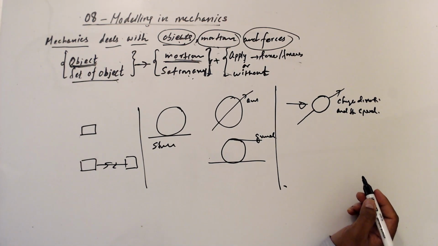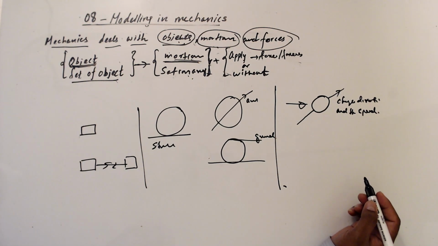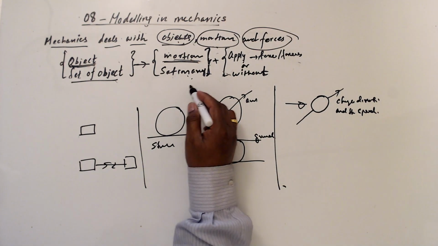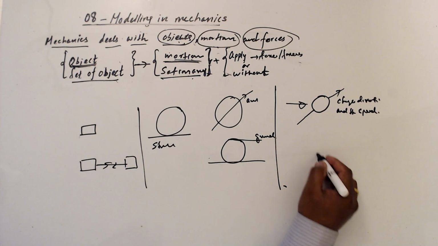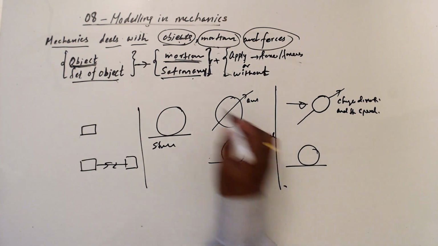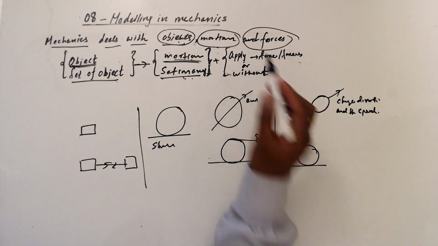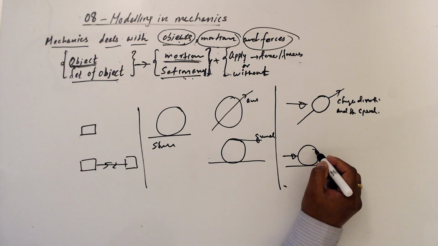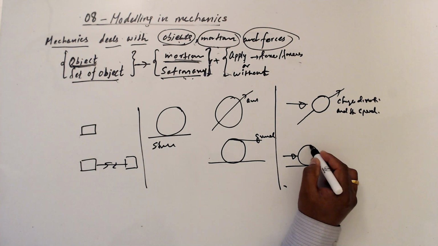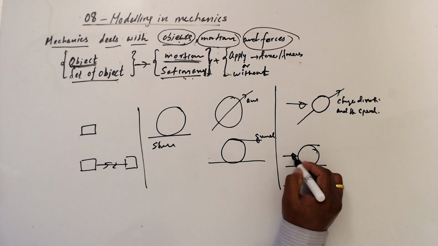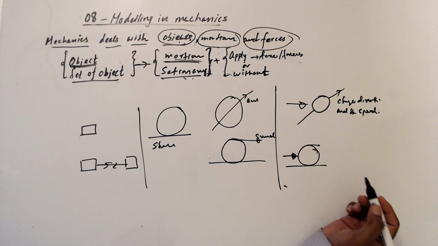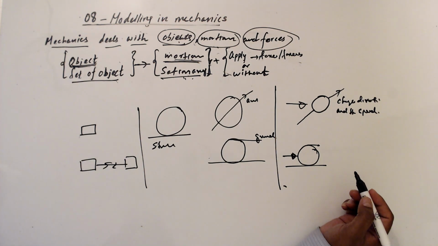It may change the direction or the speed. If the football is stationary and you apply a force, it can make a move if this force is strong enough. Otherwise, it stays the same.